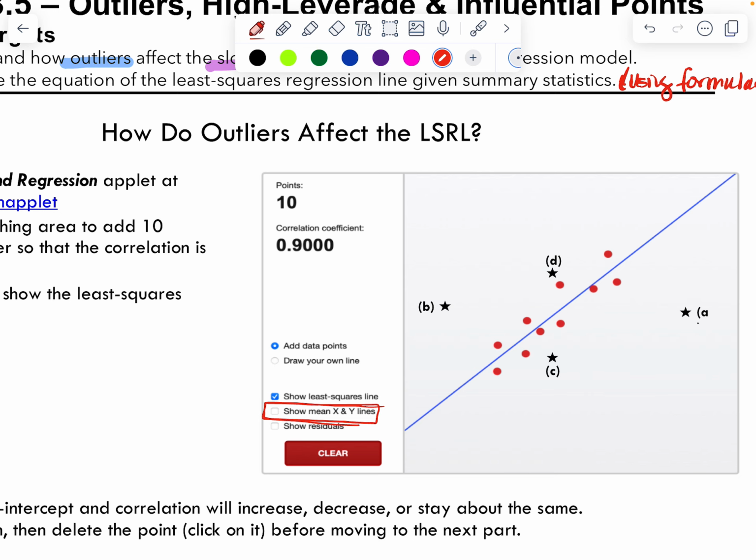So if X bar is about right here, it's going to show the line for that. And then it's also going to show the line for Y bar, the average of all the Y values. And what you would notice if we were doing this in class, I would have everybody click on that, and you would all notice that X bar and Y bar are on everybody's line.